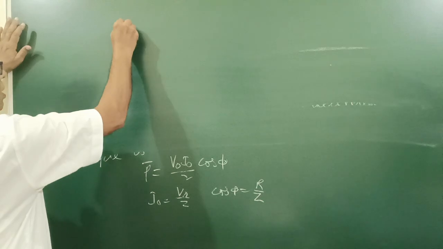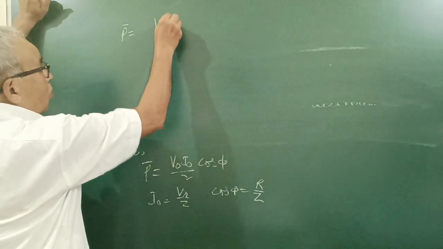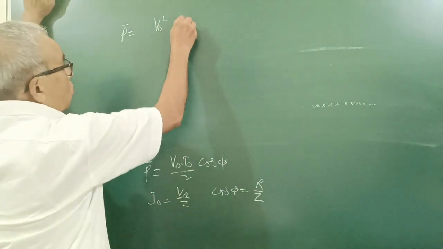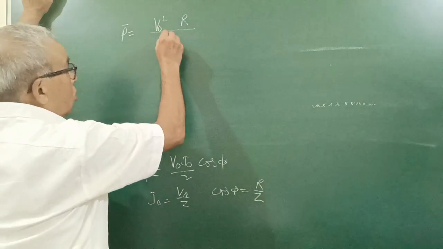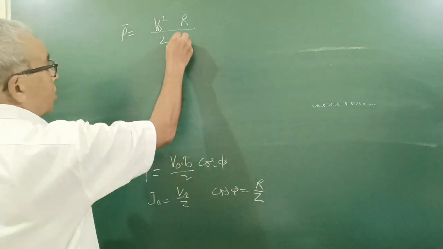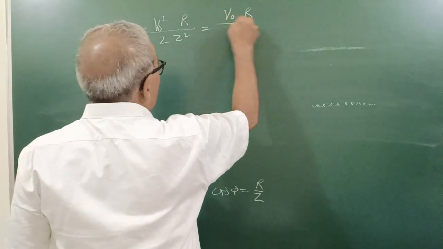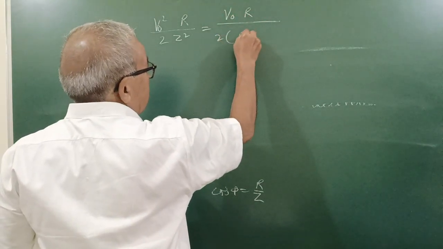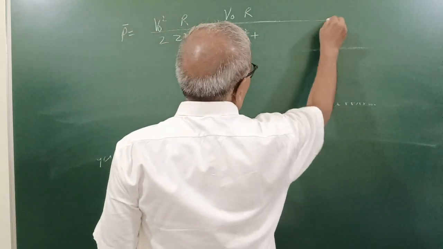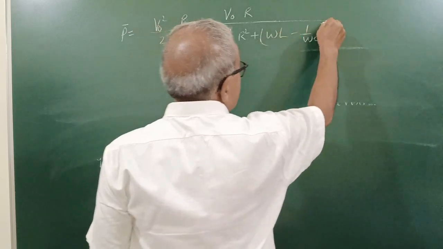So P bar, average power delivered to the circuit, is given by V0 square into R upon 2Z square, and Z square is equal to R square plus (omega L minus 1 upon omega C) whole square.